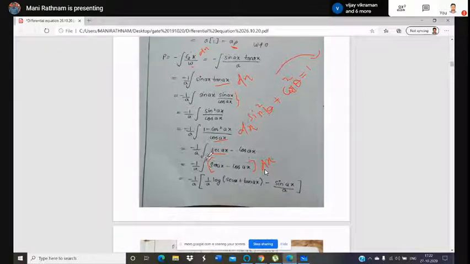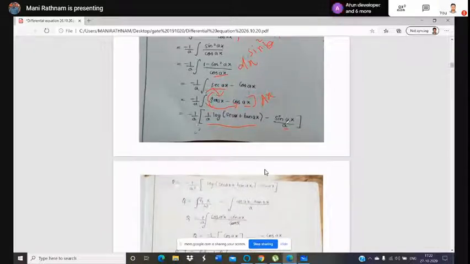First integrate secant ax and then integrate cos ax. The integration of secant ax is 1 by a log of secant ax plus tan ax, that is the formula. The integration of cos ax is sin ax, and the differentiation of ax gives a, which you represent in the denominator because it is an integration.